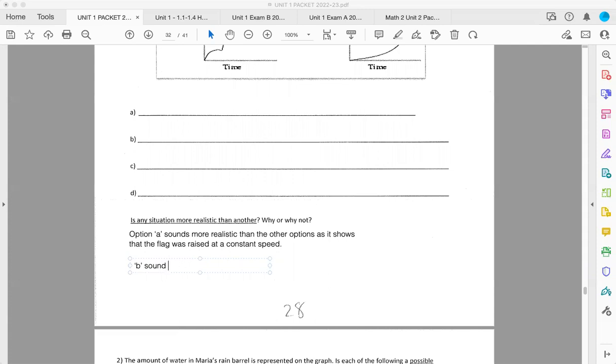Sounds reasonable. As the flag raiser starts fast and as the flag reaches the top, the raiser stops.